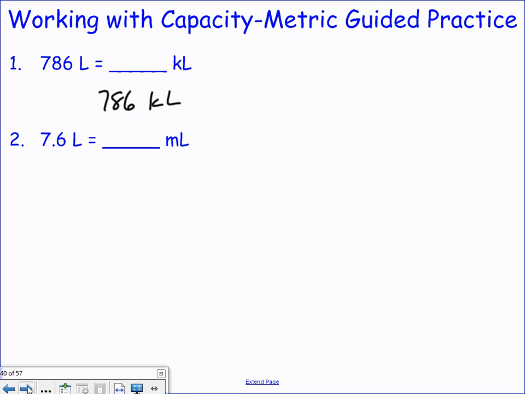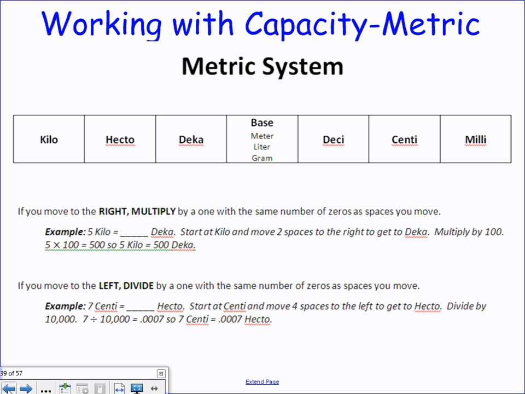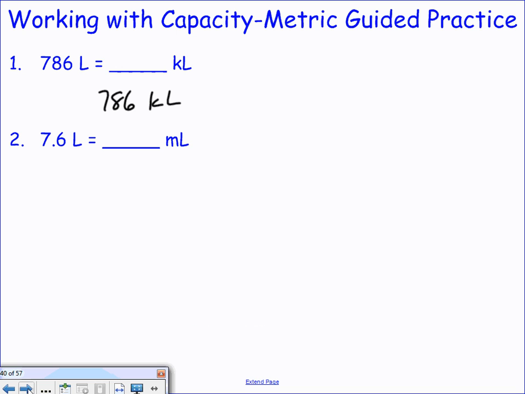If I go back to my chart, I notice that liter is in the middle, and I need to get to kiloliters, which is 1, 2, 3 to the left. Right now my decimal point is right here, so 1, 2, 3 to the left is going to be 0.786 kiloliters.